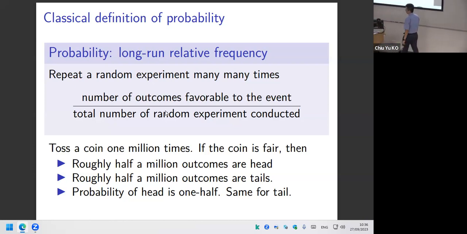If we want to extend it to an abstract setting, we can derive the probability based on a model, either a physical model, a mathematical model, a finance model, or an accounting model.